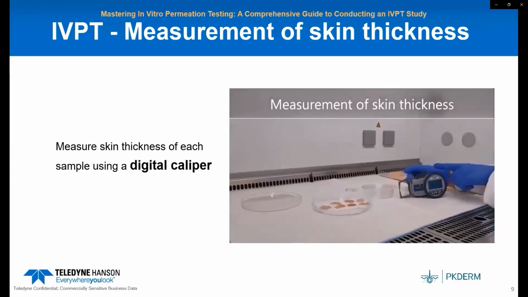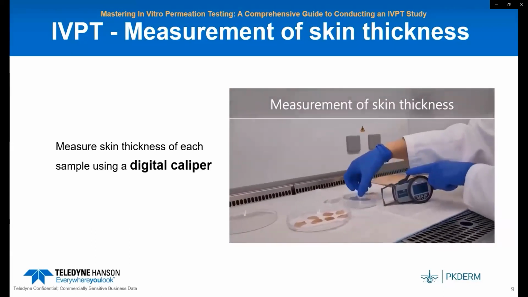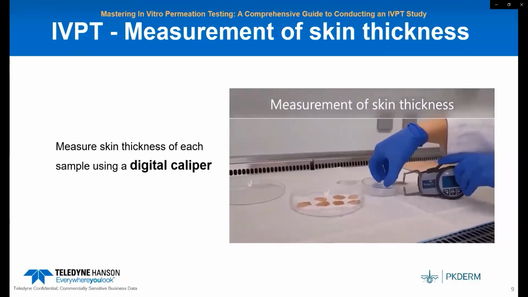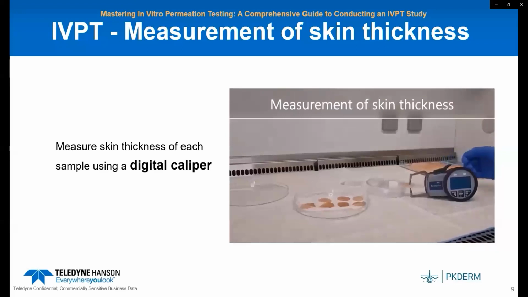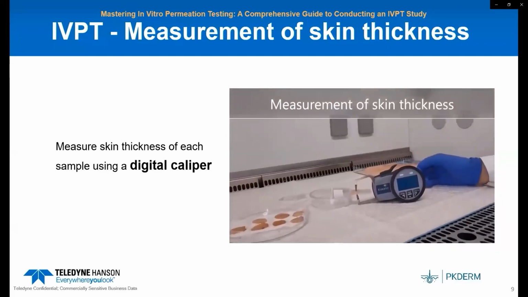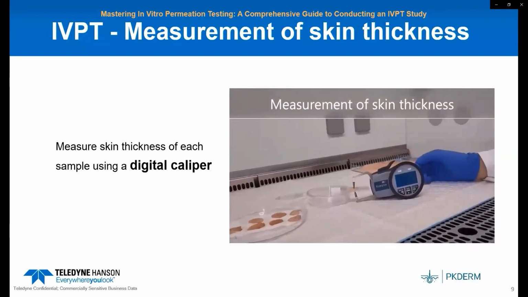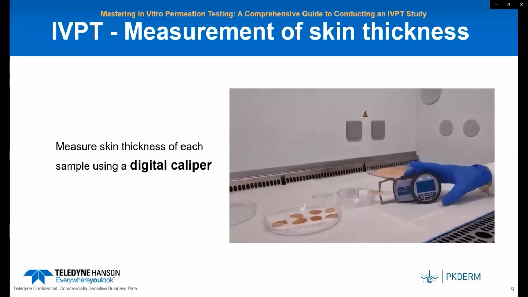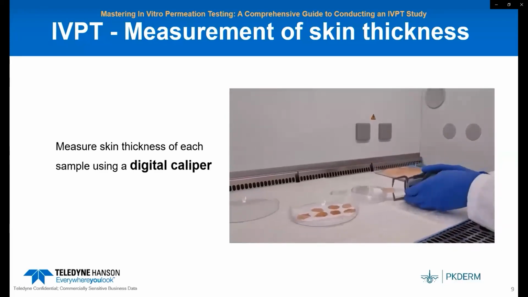At PKDERM lab, we use an electronic caliper to measure the thickness of skin samples. That should not exceed 1 millimeter. So this is why we normally use split thickness or dermatomed skin when we perform IVPT.